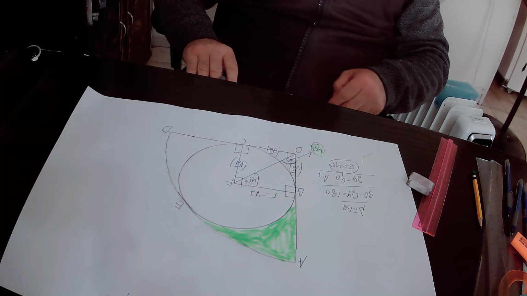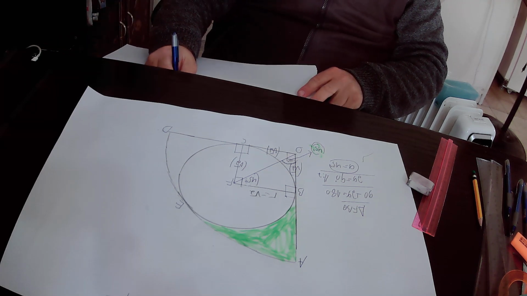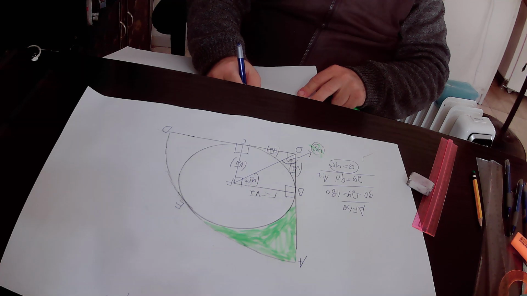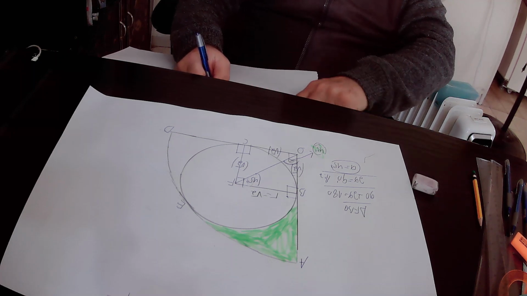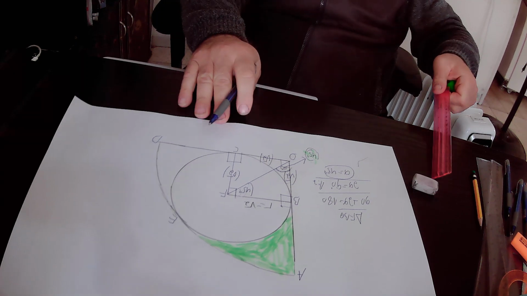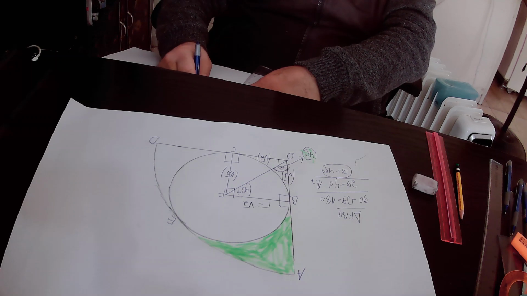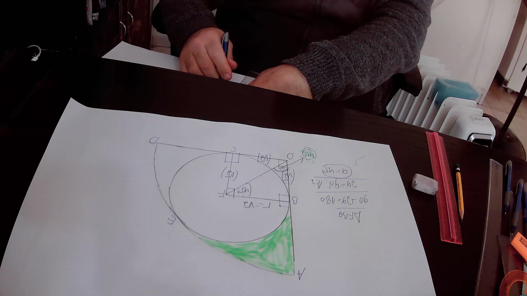In the next step, we will implement the Pythagoras theorem in the same right triangle, this right triangle FBO. PT is an abbreviation for Pythagoras theorem. According to the Pythagoras theorem, in the right triangle FBO, the square of the hypotenuse equals the sum of the squares of the perpendiculars.